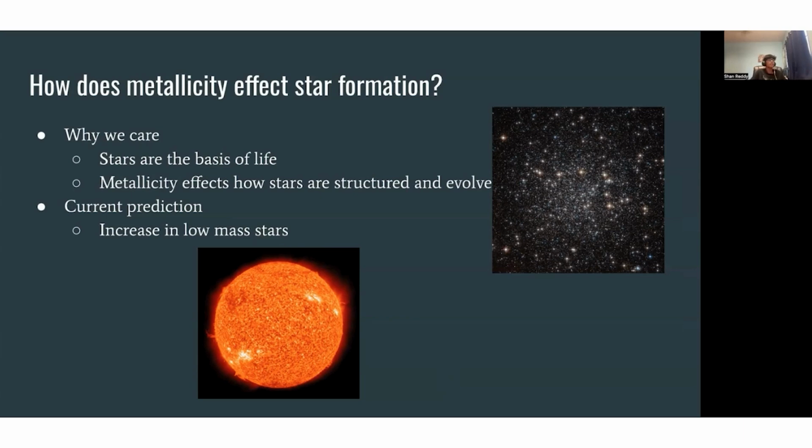So without them, there is no chance of extraterrestrial life. Now, metallicity affects how stars are structured and evolve, which could potentially affect planetary systems and future life. The current prediction on how metallicity affects star formation is a predicted increase in low-mass stars such as our sun.